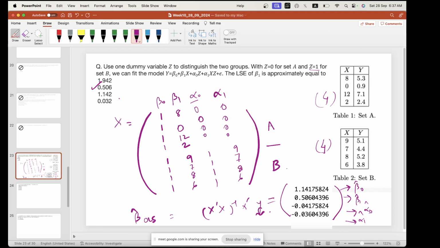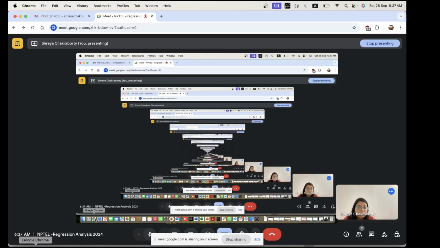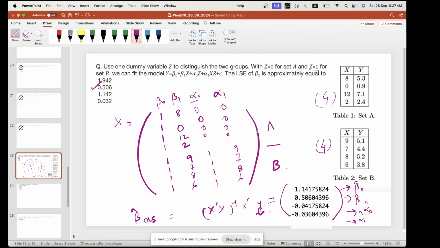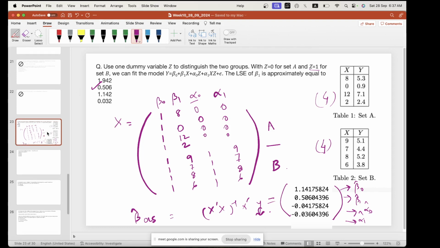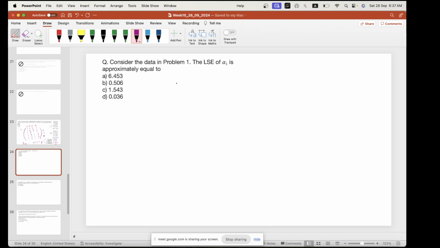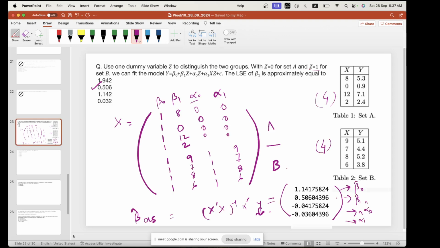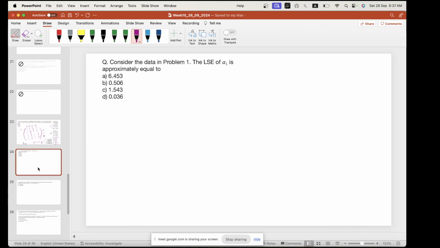Alright, so is there any doubt? Okay, fine. So let's move on to the next question then. The next question is the LSE of alpha 1, how much is it? So alpha 1 is minus 0.036, the last one.